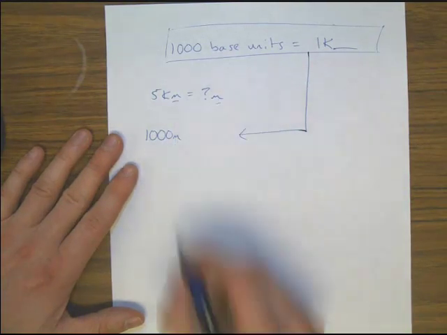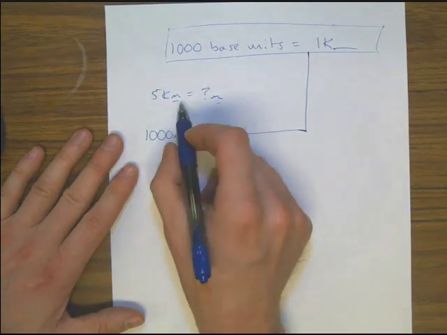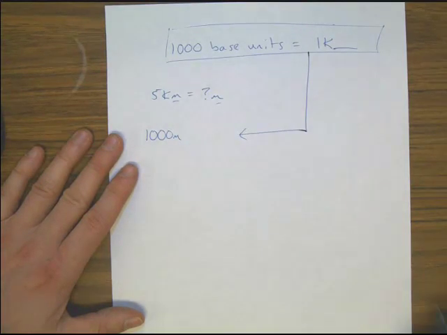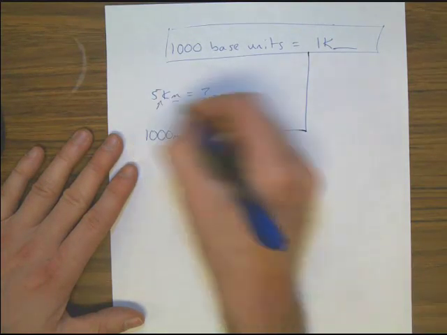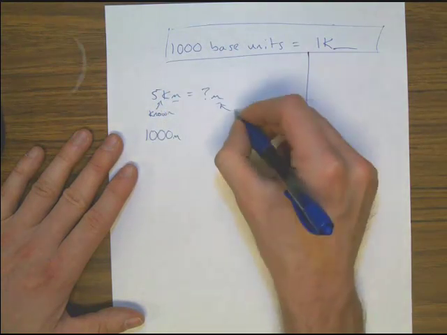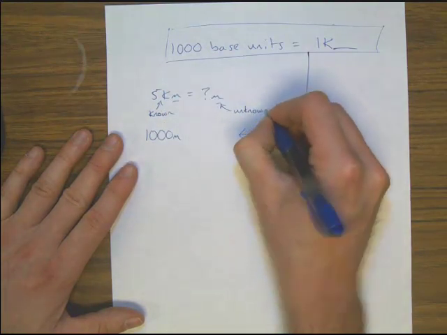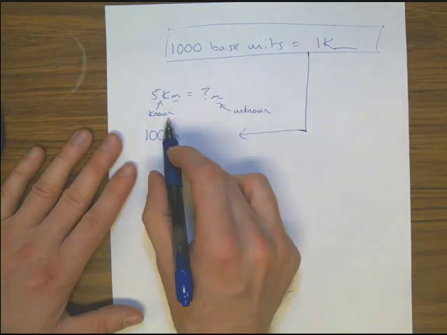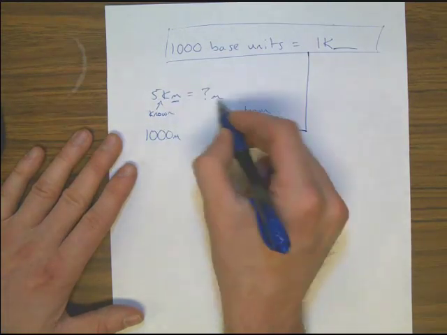You'll know the base unit because it stays the same before and after your conversion. This is what we typically refer to as our known information, and this is what we refer to as our unknown information. If the known matches the unknown with 1 unit, that's your base unit.